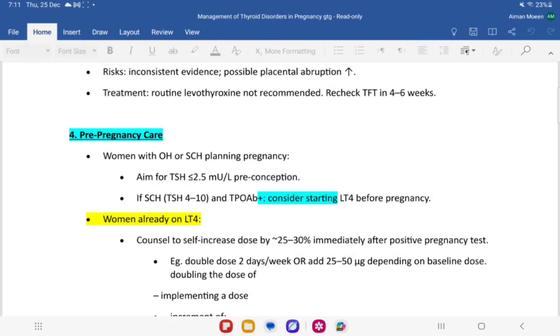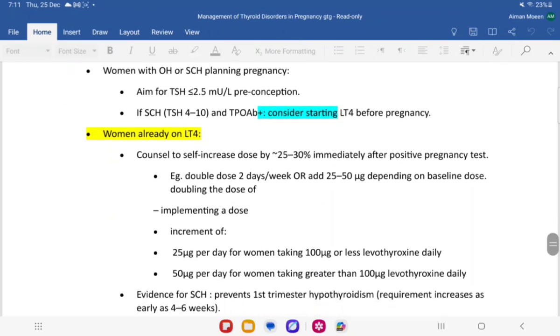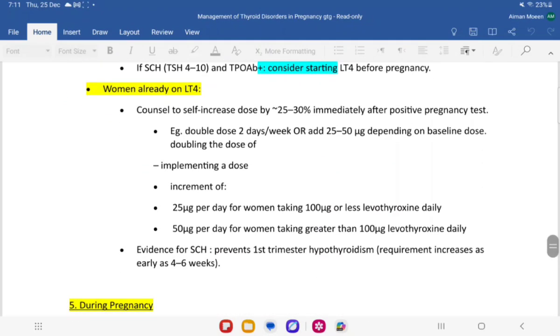The only difference is that the woman is already on levothyroxine. Previously, we discussed that the woman was having overt hypothyroidism diagnosed during the pregnancy and subclinical diagnosed during the pregnancy. So when the overt is diagnosed during the pregnancy, you have to start levothyroxine 1.6 microgram per kg per day.